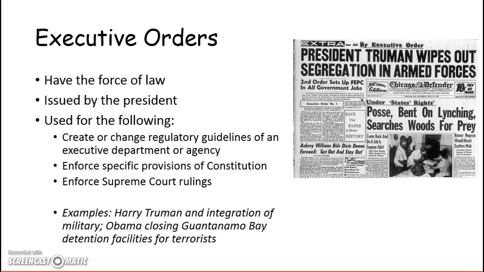We have the example of Truman and the integration of the military, and Obama closing Guantanamo Bay, even though it's still open. These executive orders have very few limits or stipulations. One limitation is that presidents cannot use them to create new taxes or appropriate funds. Those powers are reserved to Congress.